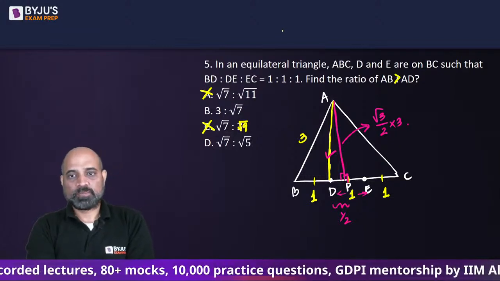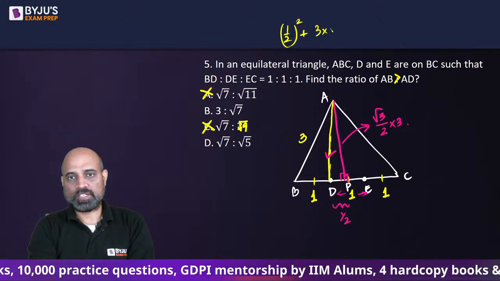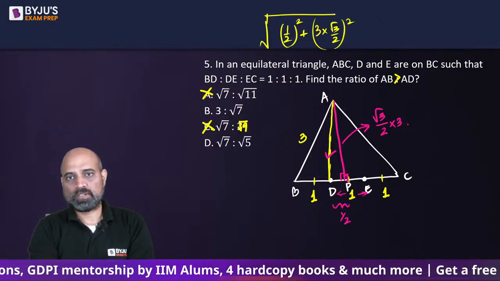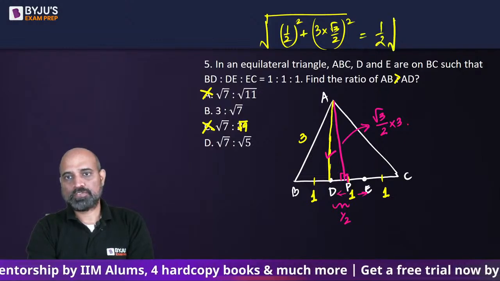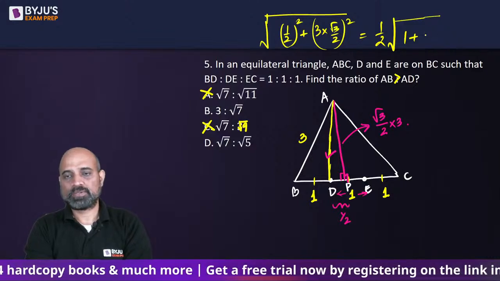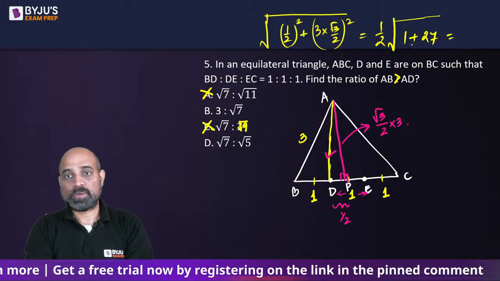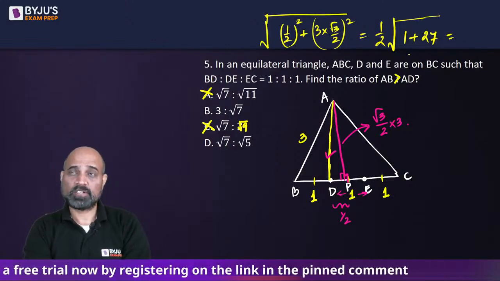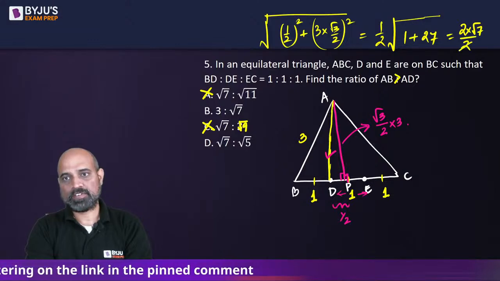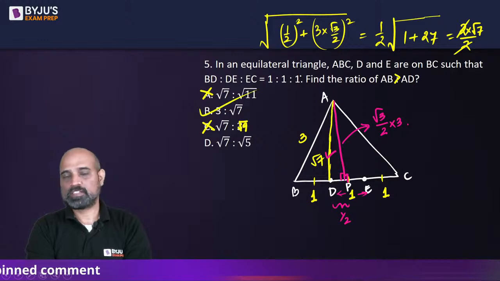So this is going to be given as half square plus 3 times root 3 by 2 whole square ka under root. So I can take out half common. So I will be left with 1 plus 9 into 3, 27. So this becomes 28 ka square root, wherein I can take out 2 outside and under root 7 and I have a 2. So root 7 is what I'll get for this. So anyways, the answer is B.